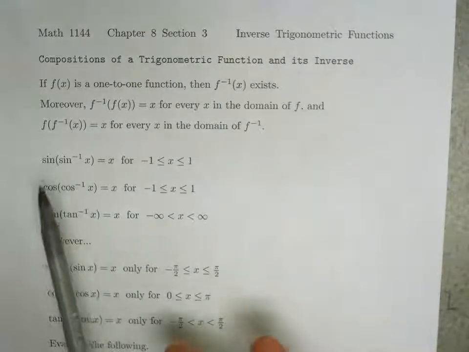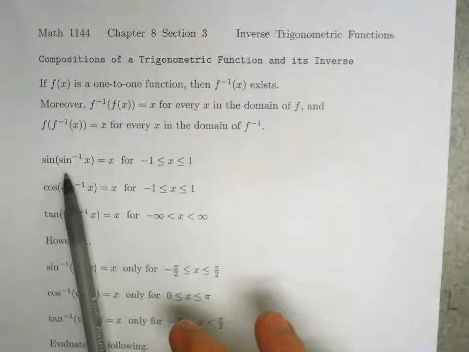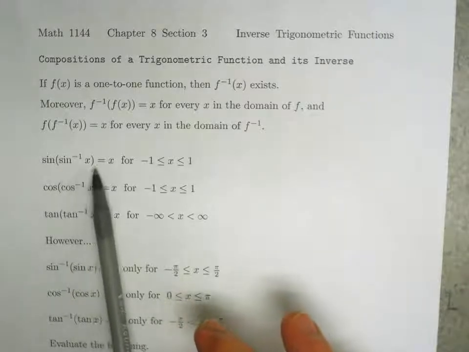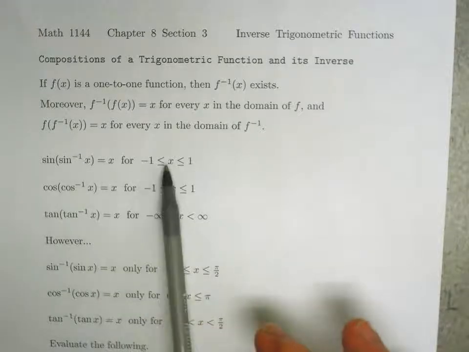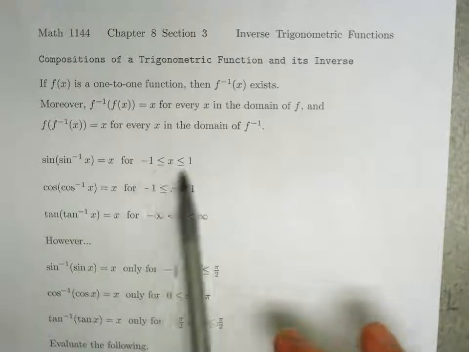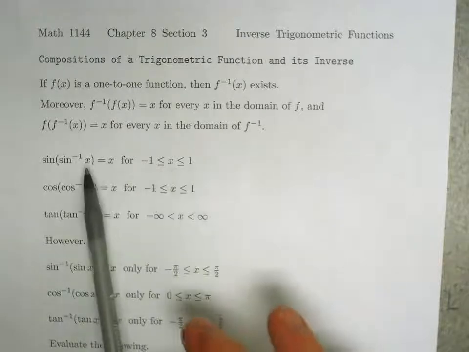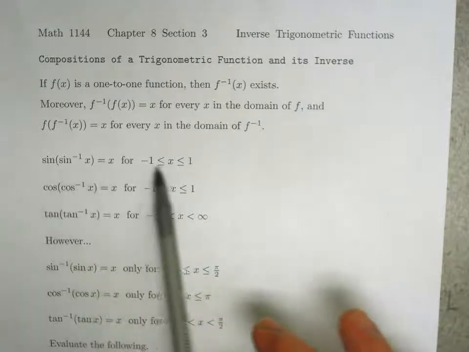Okay, so if we compose sine of inverse sine of x, well, that's just going to be equal to x for x values between -1 and 1, including -1 and 1. So this works the way that we would expect it to.